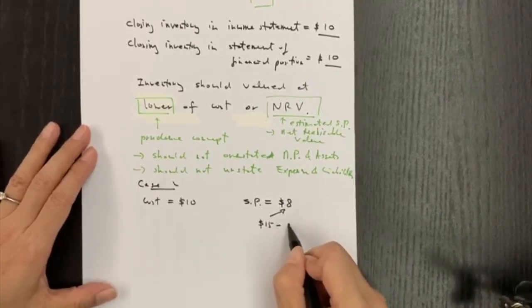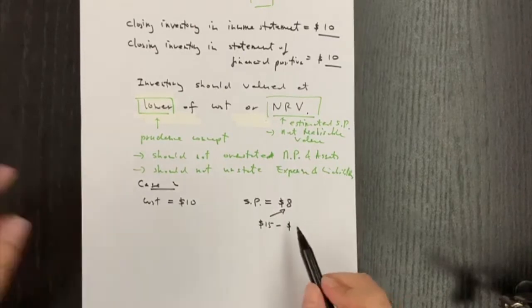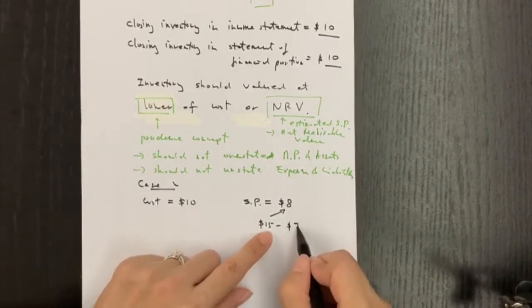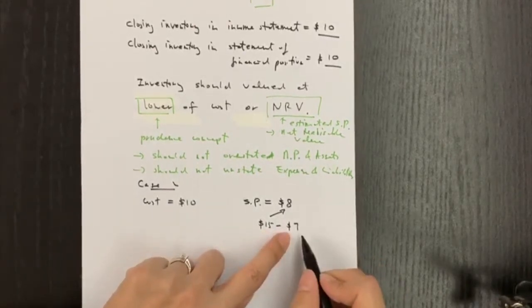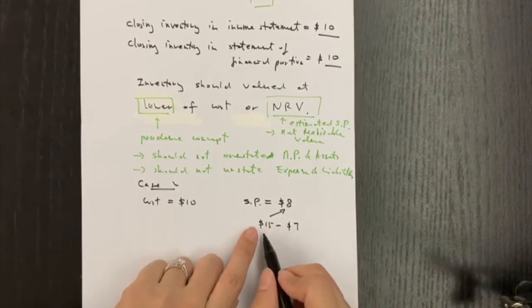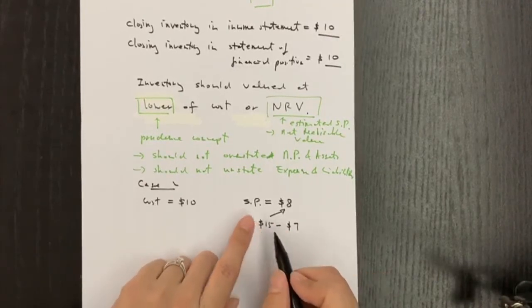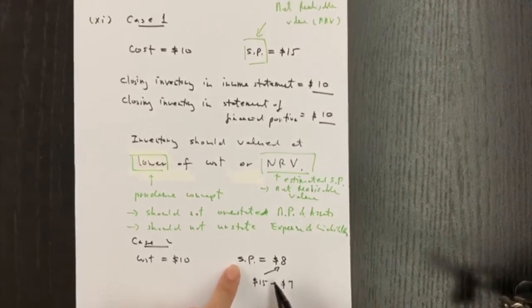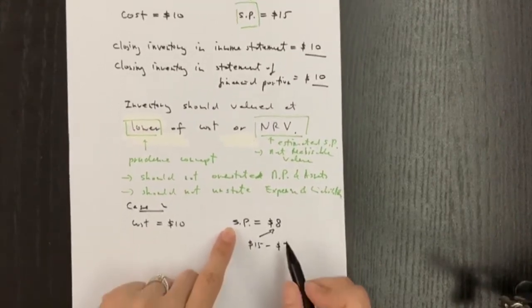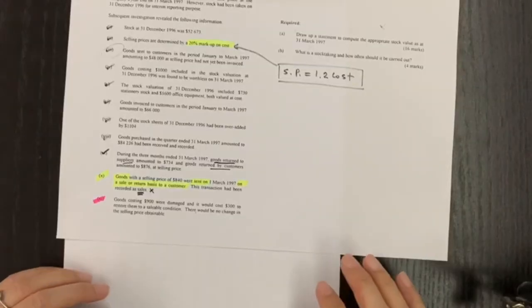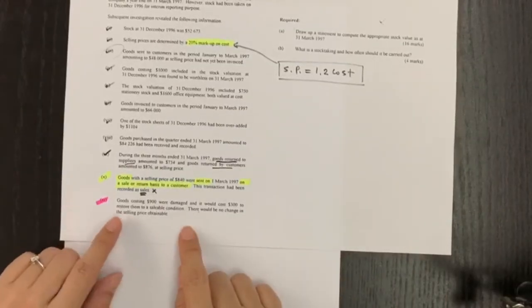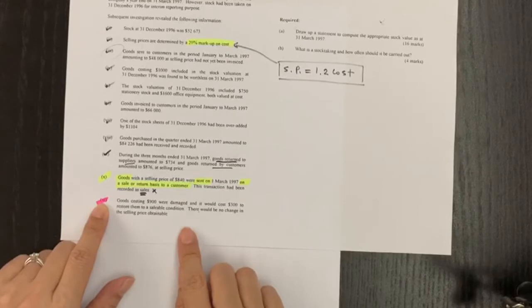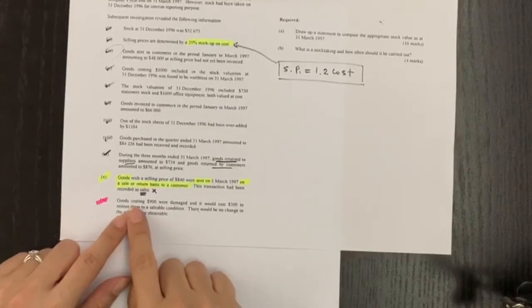What if we need to spend $7 on repairs and then sell at $15? Now we come to the selling price in this situation, which is also the net realizable value, $8.